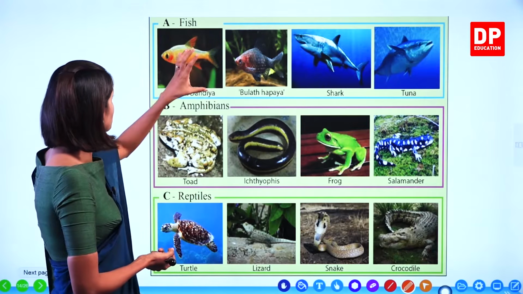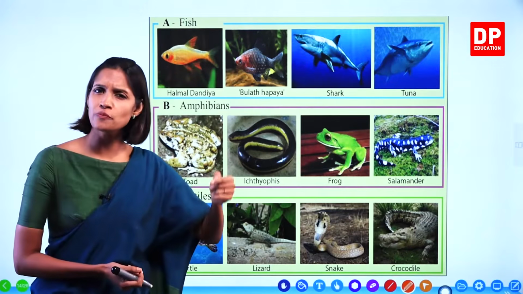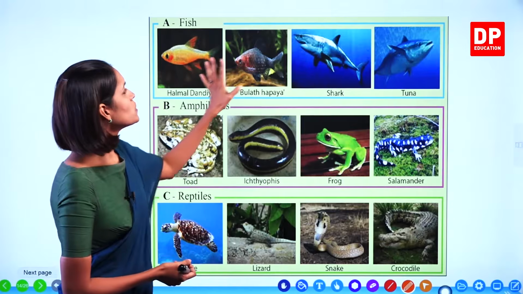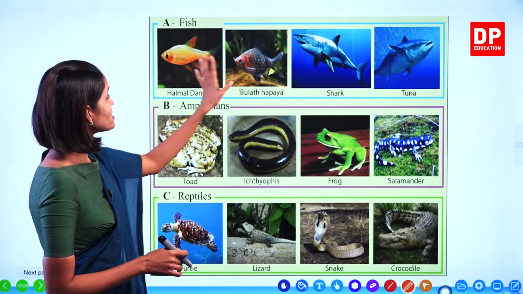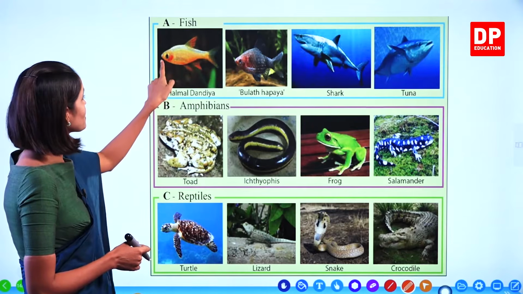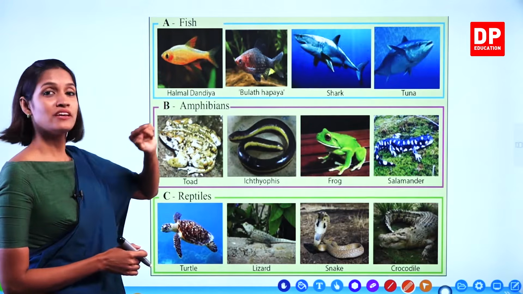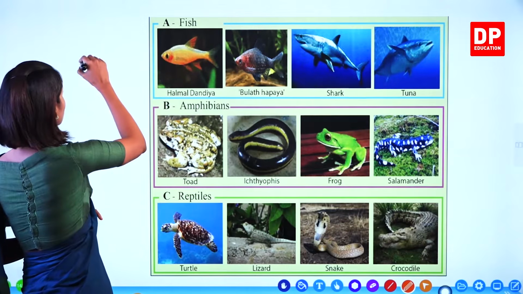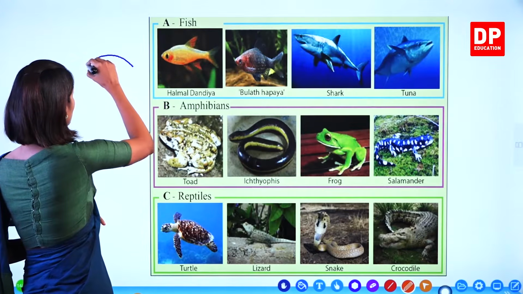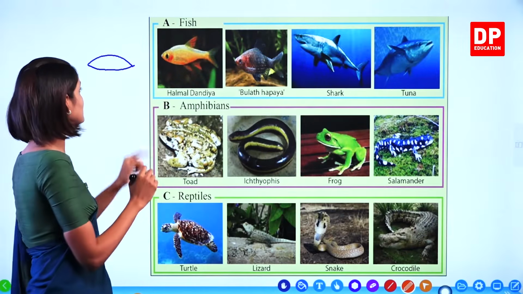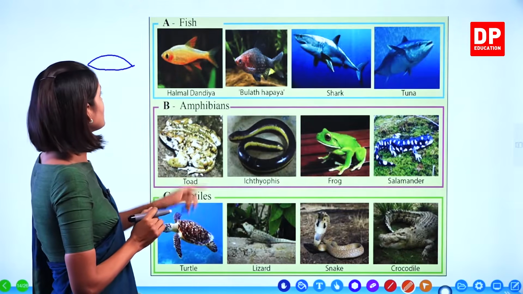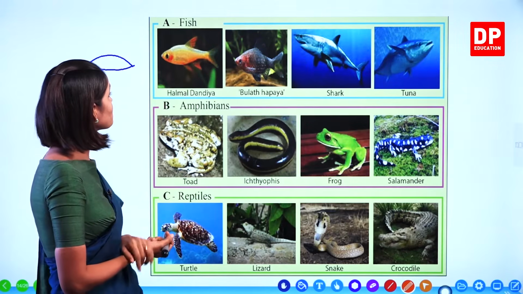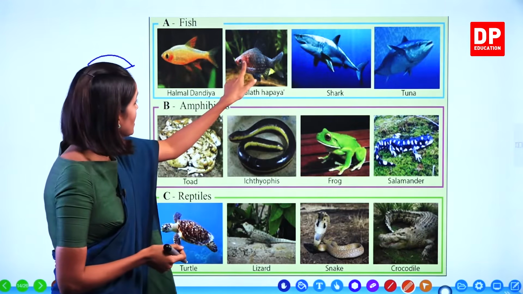When it comes to this group fish, what are their common features, children? They all are aquatic animals. We all know that, right? Apart from that, can you see their body shape? They have a special body shape. We learned this earlier. This is known as a streamlined body shape, right? And they have fins to swim. And then here they have scales.